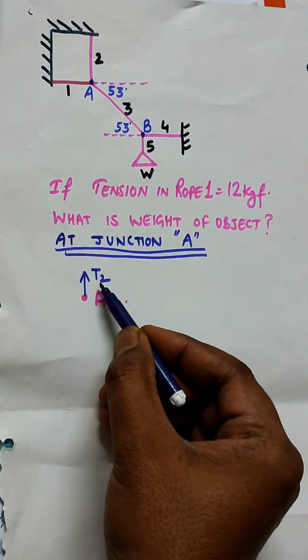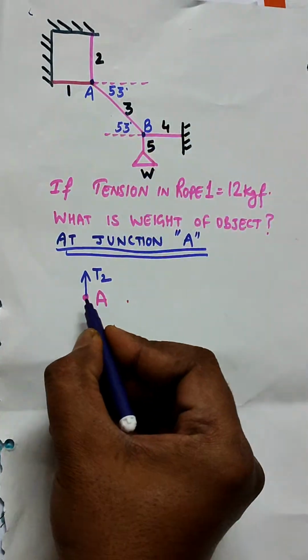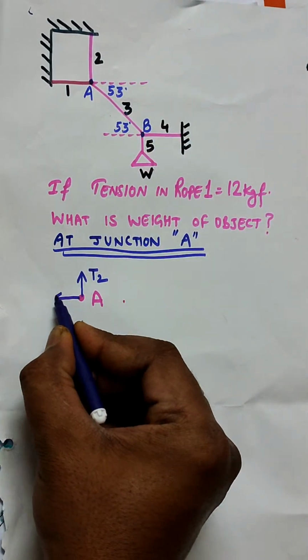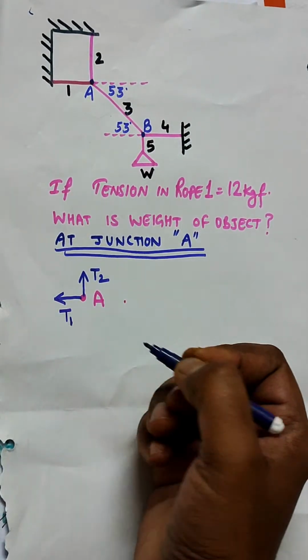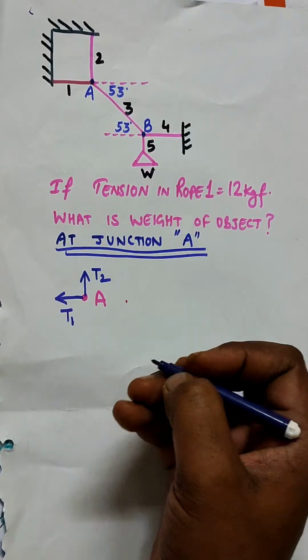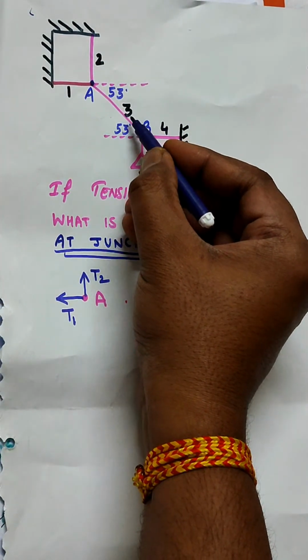Similarly, here in rope 1, the component of force acting leftward will be T1. Now this is rope 3, so T3 will be there.